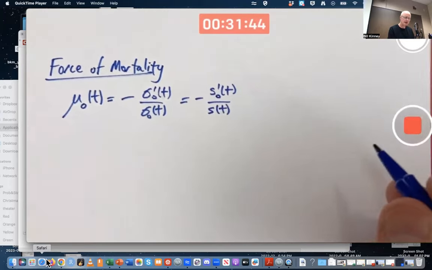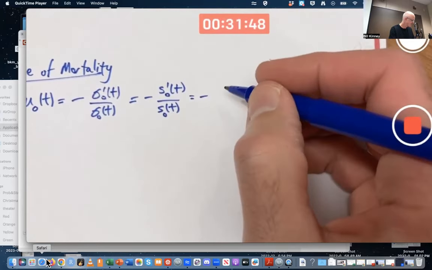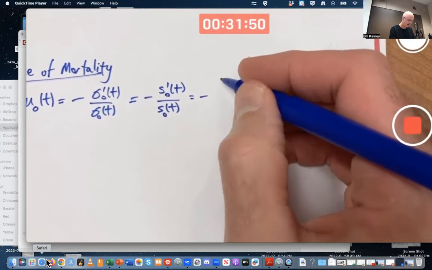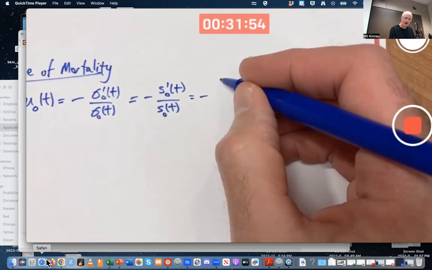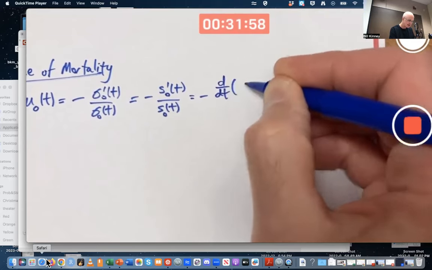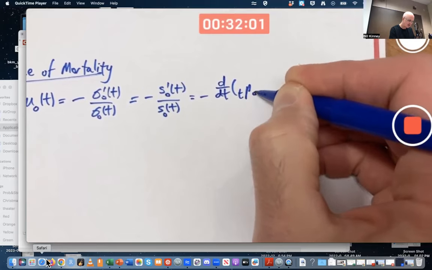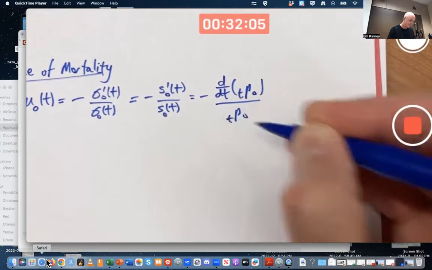If we were using the TP notation, we'd write it as, well, how do I write derivatives with the TP notation? I'm actually going to, okay, I'll write it as an ordinary derivative. d/dt of tp0 over tp0.